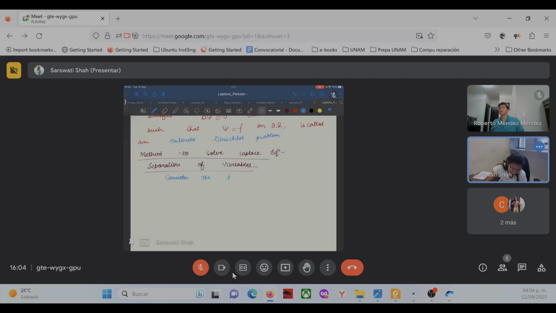Consider the problem in omega, omega is contained in R2. So the Laplacian of u equals 0. It means del 2u over del x square plus del 2u over del y square equals 0. Or you can also say that this is the symbolical way to represent.